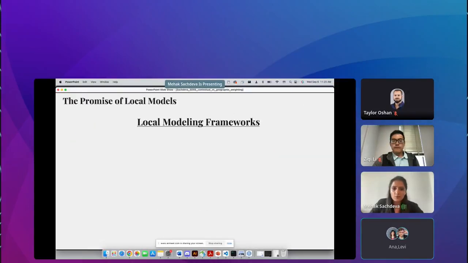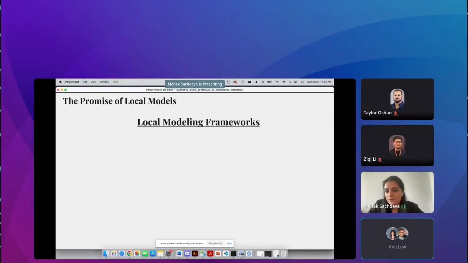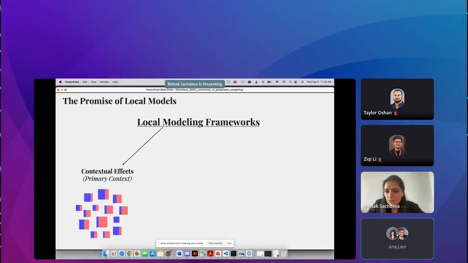So, the promise of local models. Techniques within local modeling frameworks help estimate how some intangible contextual effects that are often unmeasurable affect the spatial phenomena of interest. These models can estimate spatially varying parameter estimates or associations, which signify the different responses generated in different places given the same external stimuli.